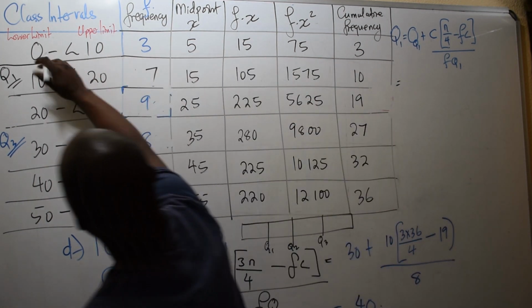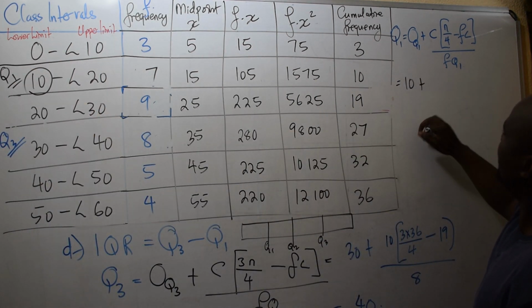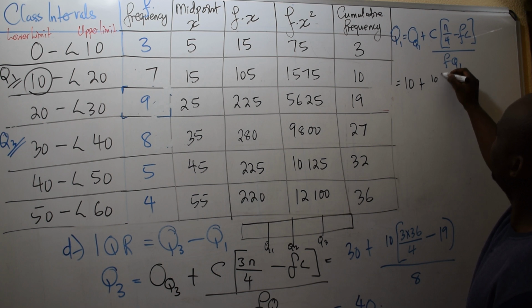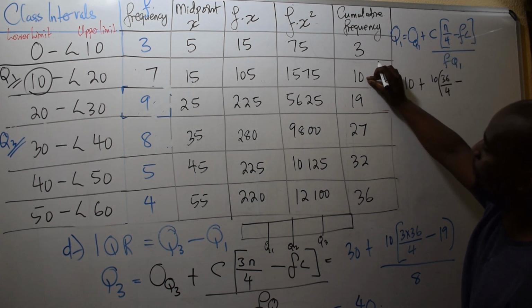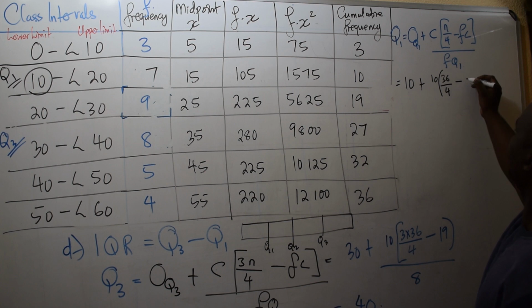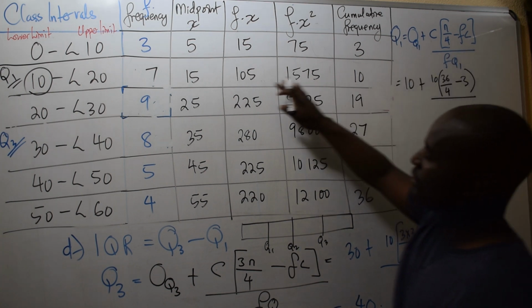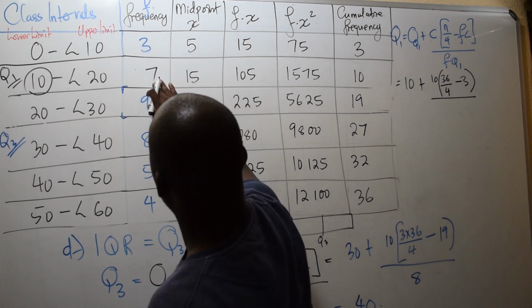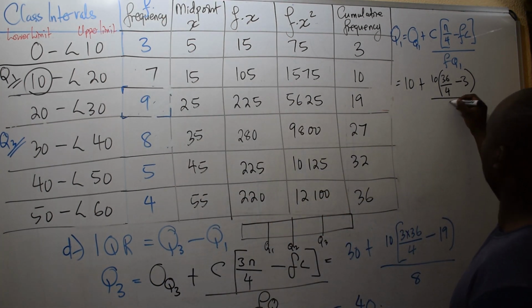So what we're going to do is to say this is our Q1. So we need the lower limit. The lower limit is going to be 10, so this is 10 plus C is 10. What is N? 36 divided by 4 minus the cumulative frequency of the class before. So that's going to be 3. And then this is divided by the frequency of that interval, which is 7.